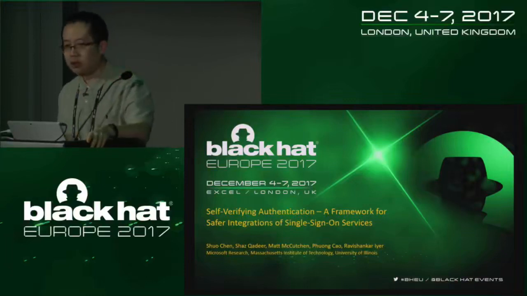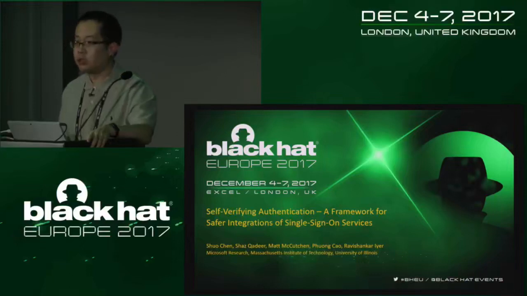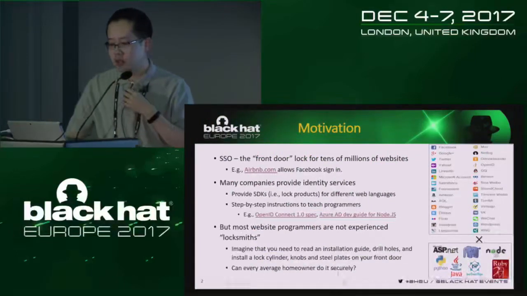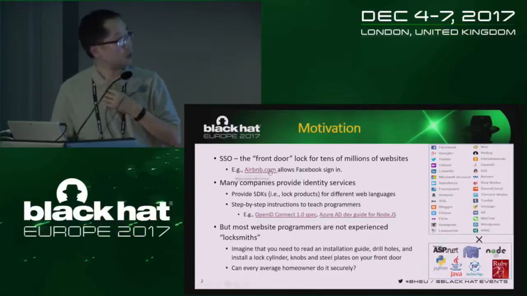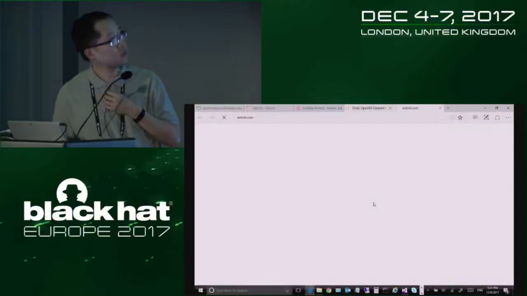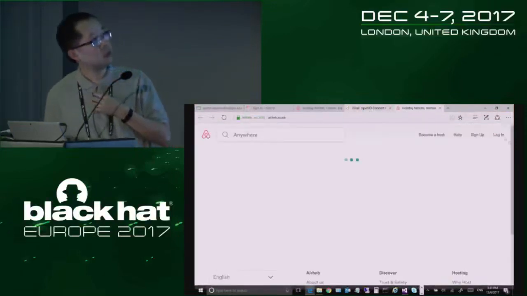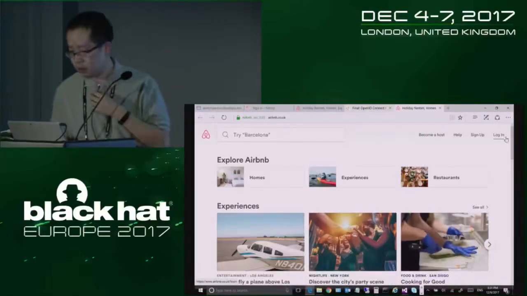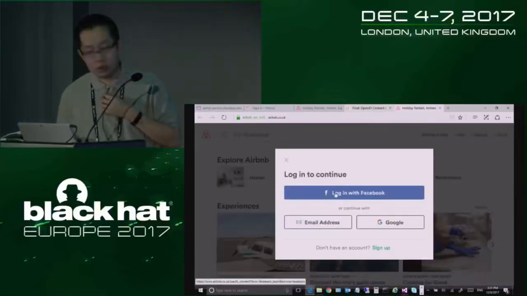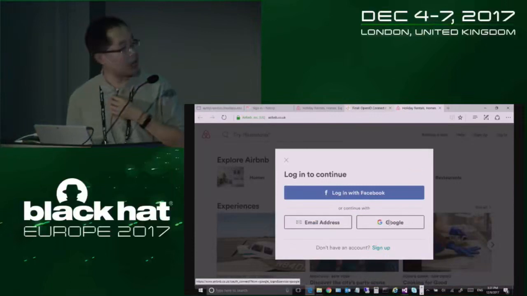So today I'm going to introduce a framework for safer integrations of single sign-on services. I think most people have the experience of single sign-on, or SSO. For example, if you go to Airbnb.com and click sign in, log in, it allows you to use your Facebook or Google identity.